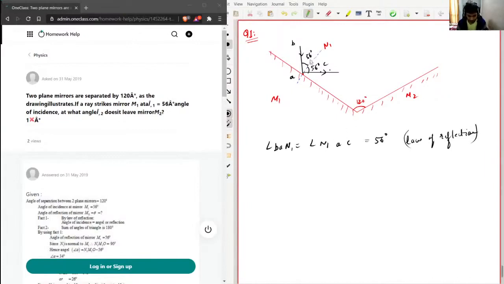Now, so we have got this angle. Now what we'll do is that we'll extend this such that it meets the mirror M2, and it should be a straight line. So I'm just drawing a dotted line here.